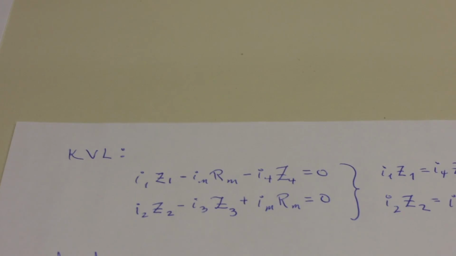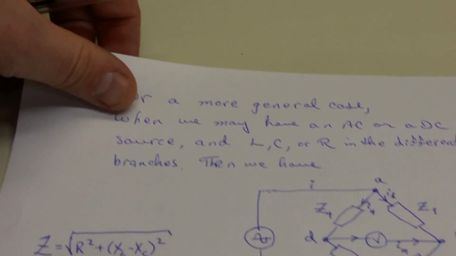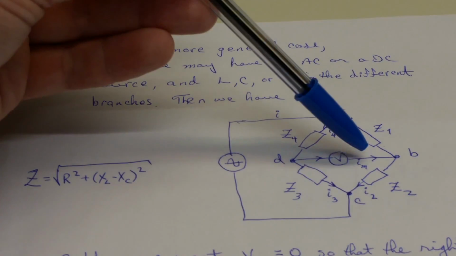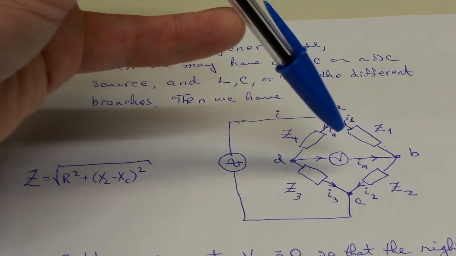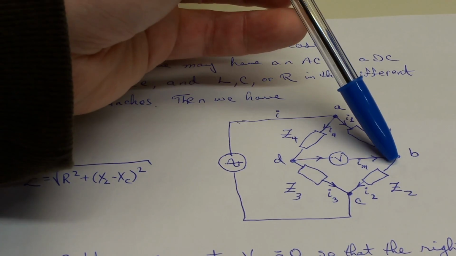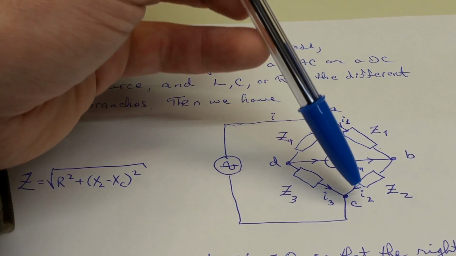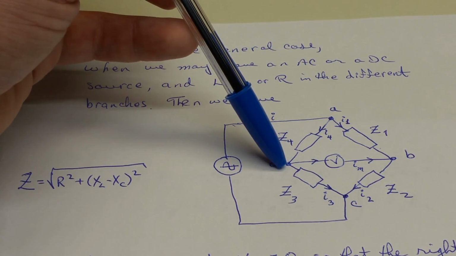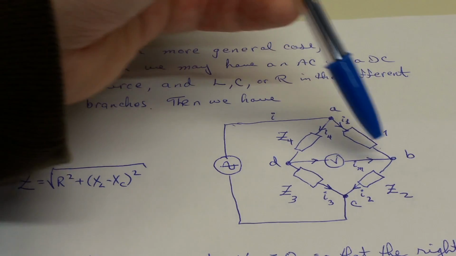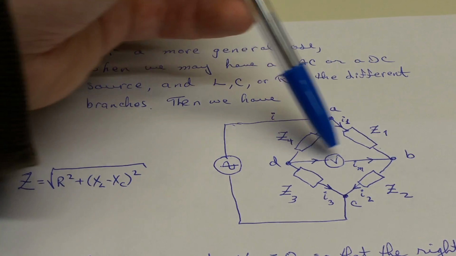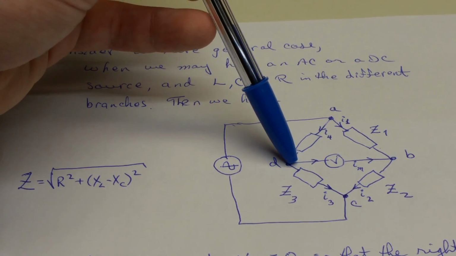KVL equation here. And then to do the same thing, but for the bottom loop now, we're going to have I2 Z2, voltage drop across this element, minus I3 Z3, but now we're going back across these two nodes in the positive sense, so this is going to be plus IM RM, has to be equal to 0.